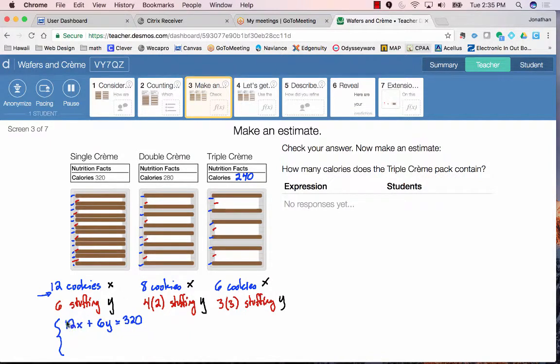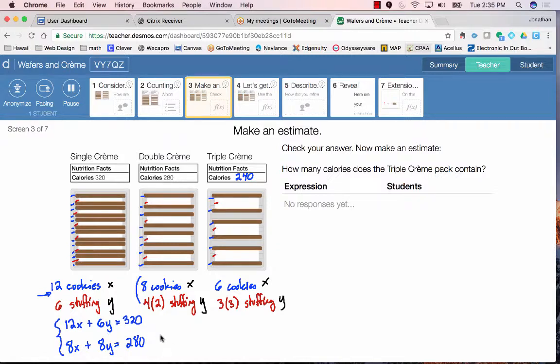If I eat all the 12 cookie layers and if I eat all the 6 single stuffings, that's a total of 320 calories. But I'm also given 8 cookies, 8x, plus double stuff, so 8 stuffings, or 4 double stuffs, but 8 stuffings of Y is 280 calories. And look at that, there is my linear system of equations.